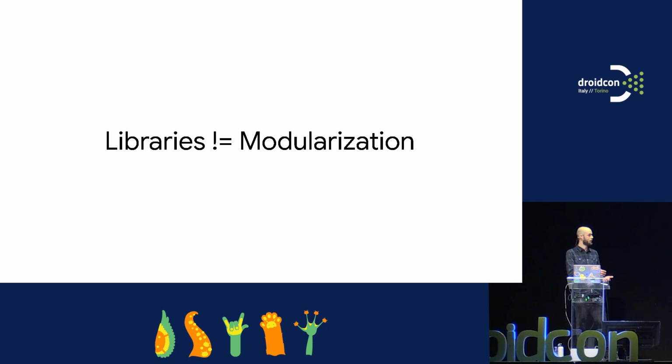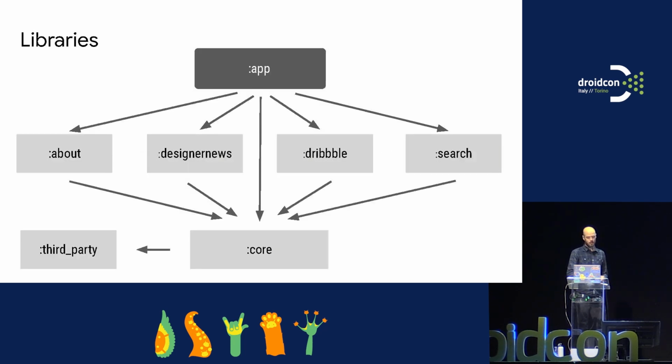But from the Android point of view, modularization actually means that you have an application that can ship as separate and distinct modules. So to go into that a little bit more in detail, you have your application, and then you start pulling out a core as a library, but you still ship a single monolithic application. Then you take out a feature, another feature, and even more features.